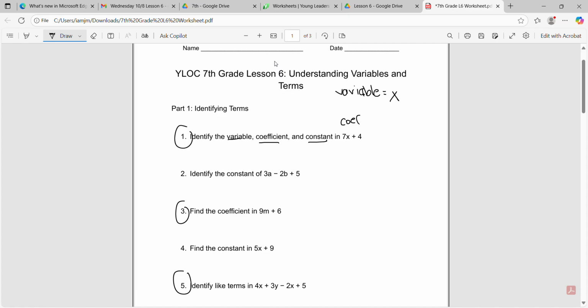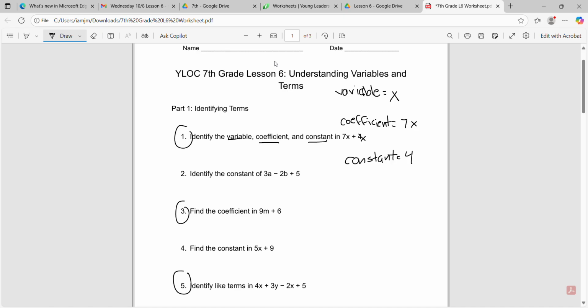Coefficients. Coefficients are correlated with the variables. Like here, 7x. They are connected with the variable and its value depends on the x. Constant. A constant is a fixed number. In this case, it's 4.